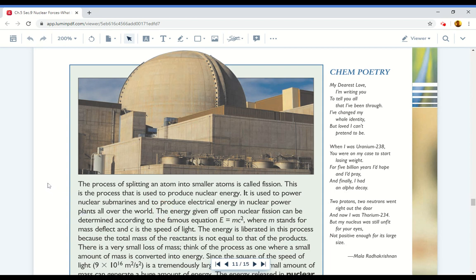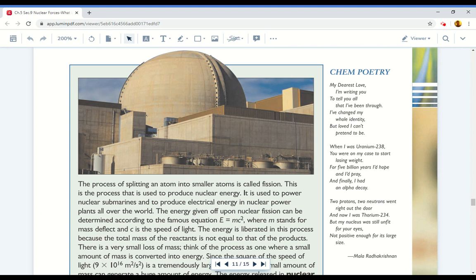The energy given off upon nuclear fission can be determined according to the famous equation E equals mc squared, where m stands for mass, and c is the speed of light. The energy is liberated in this process because the total mass of the reactants is not equal to that of the products.